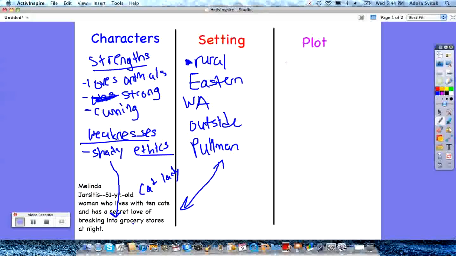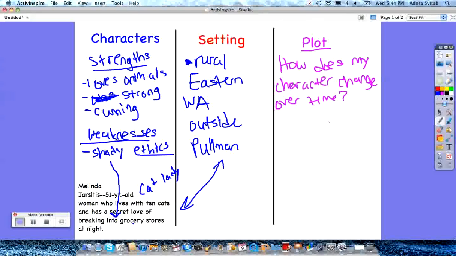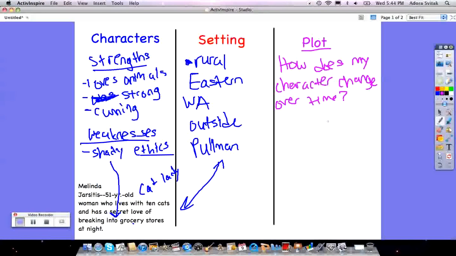That's reflected in books. So when you think about the plot, you might want to ask yourself, how does my character change over time? And if you need some help with that, then just ask yourself, how have I changed over time? And if you think, well, it's not very dramatic, then just consider how I was when I was 10 compared to how I am now at 30, if you're a grown-up.